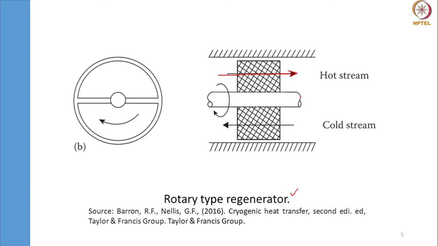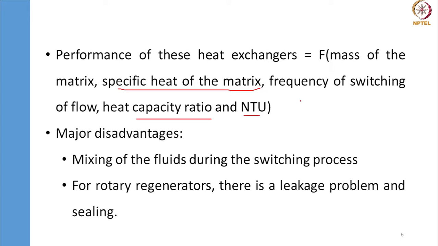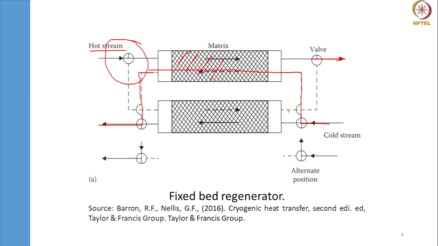So in rotary kind of regenerators, this problem becomes a huge effect. Also, I would like to point out that these types of heat exchangers are mostly gas to gas heat exchangers.